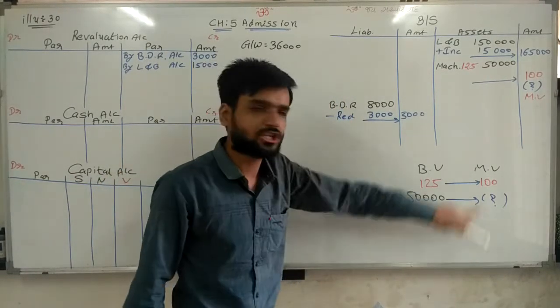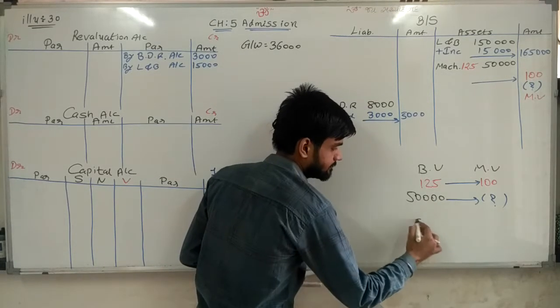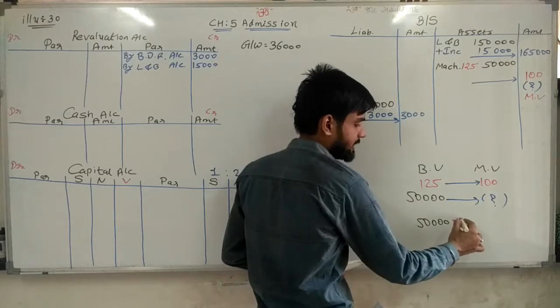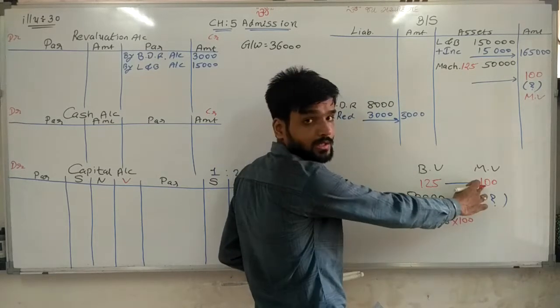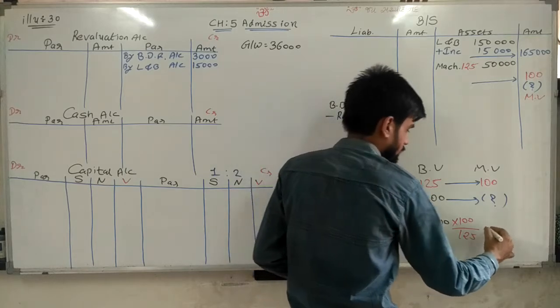Now cross multiplication, all of you know very well. 50,000 multiply with 100, divide with 125.